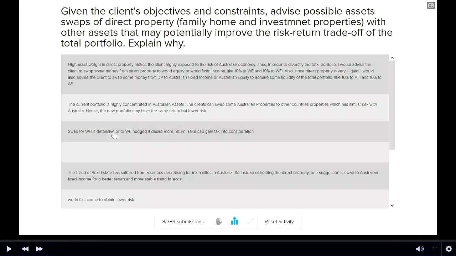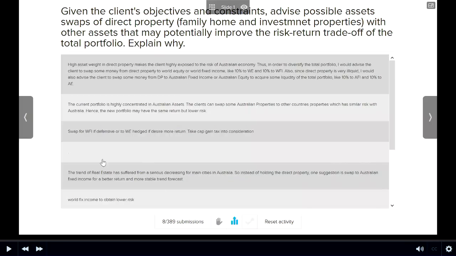The other response, the trend of real estate, swap to Australian fixed income for better return and more stable trend forecast. So still a very typical weakness in writing. This response failed to identify the risk factor you try to diversify.